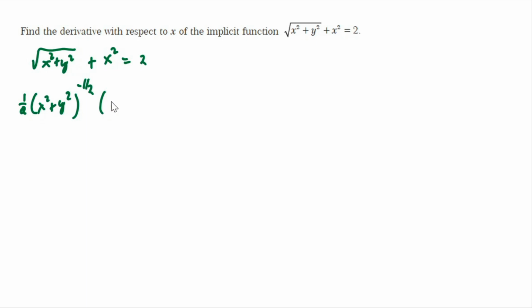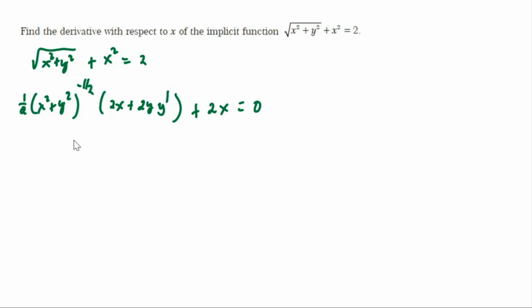Derivative of x squared equals 2x plus the derivative of y squared is 2y of y prime. Okay, and then the second term, the derivative of x squared is 2x, equal to the derivative of 2, which is 0.